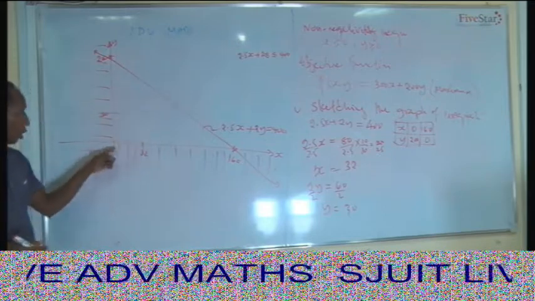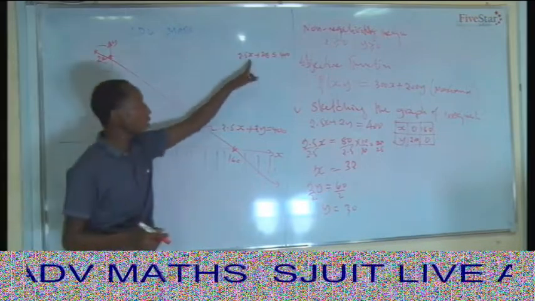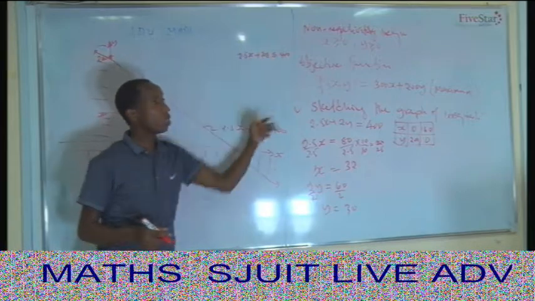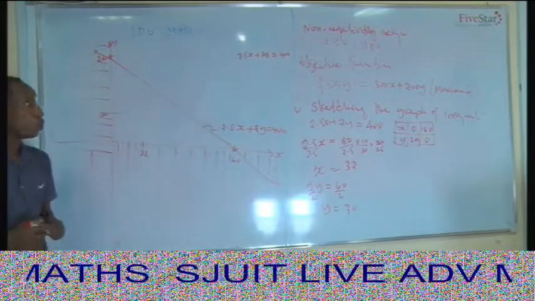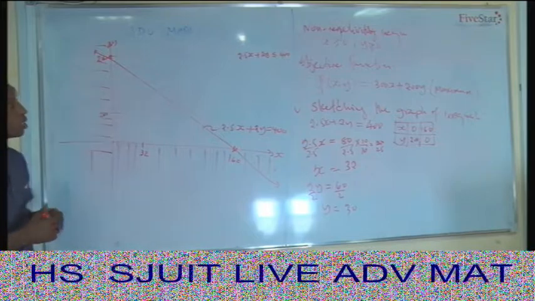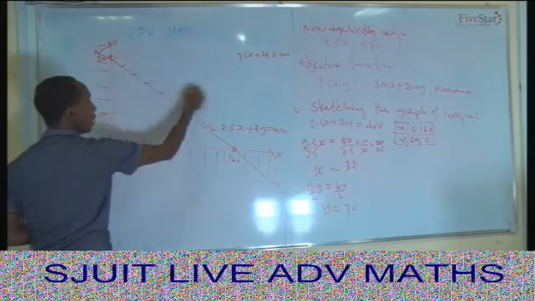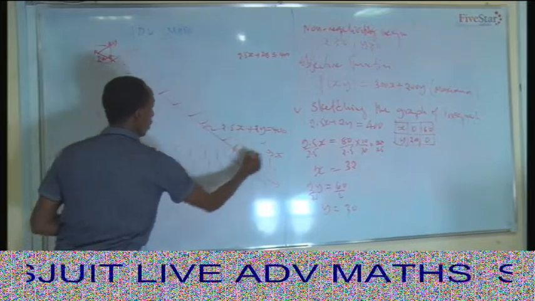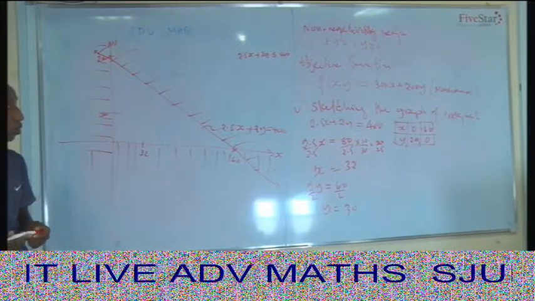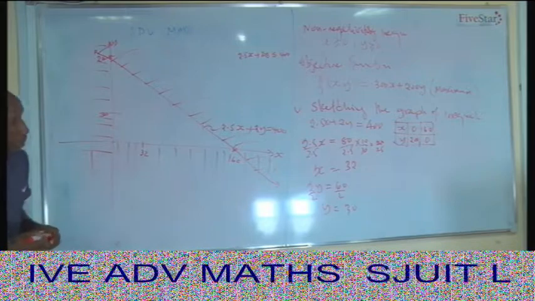On the lower half, I can just use the origin, 0, 0. If I put x is 0, y is 0, I find that 0 plus 0 is 0, which is for sure less or equal to 400. So I can see that the lower part satisfies the given inequality, which means that the upper part will not satisfy it. So in linear programming, normally we shade the parts which do not satisfy the given inequality. So that is the first one.